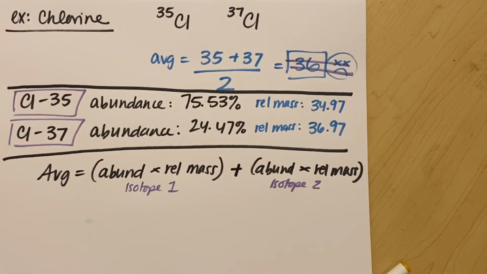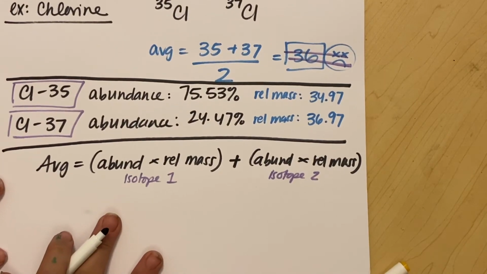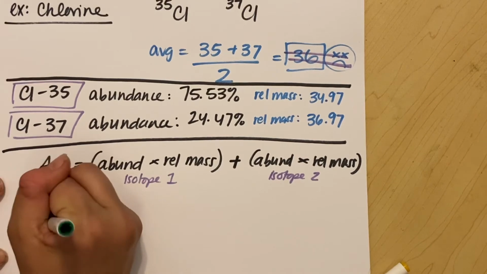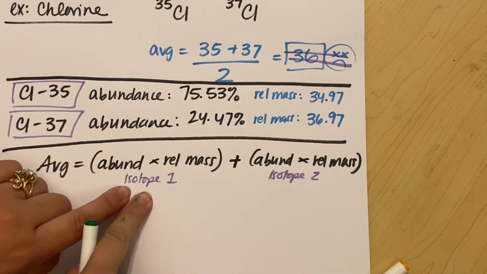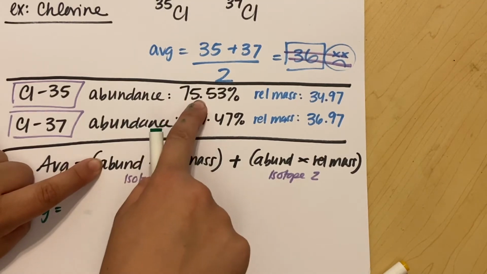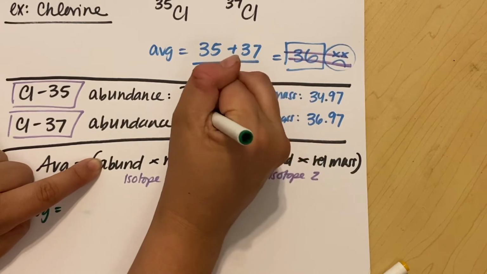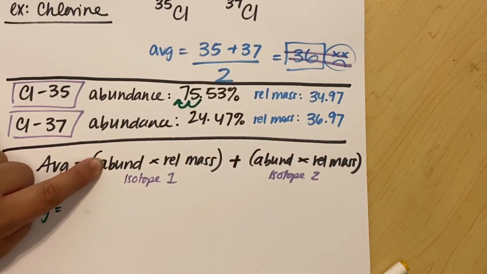Okay, so if I was going to solve for the average, my isotope number 1 is my chlorine 35. The abundance is 75.53%. I need to change that to a decimal, so I move my decimal place 2 over.